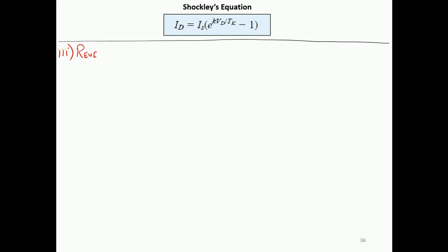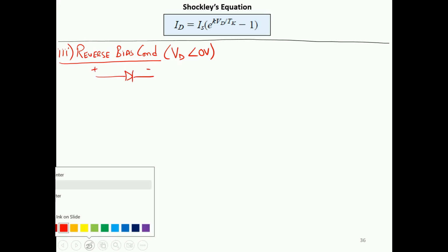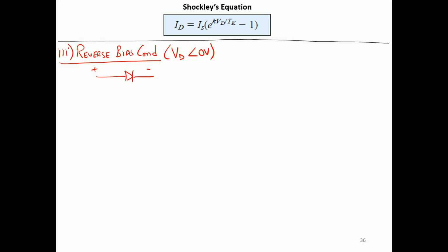In the reverse bias condition, we apply a negative voltage, or we change the terminals of the battery. So if this was the forward bias condition, in the reverse bias condition we change the terminals of the battery as such. And we have seen previously that the current is not going to flow in the reverse bias condition, it is only going to flow in the forward bias condition.